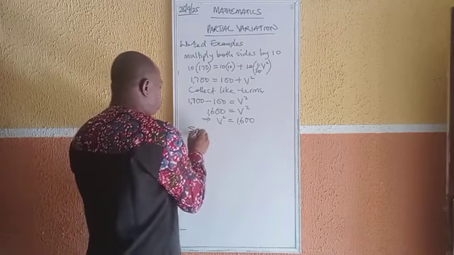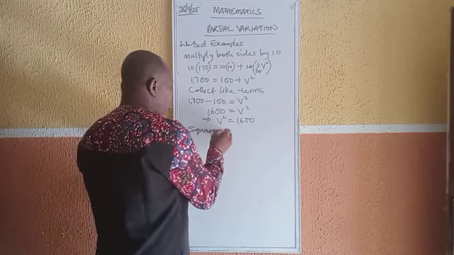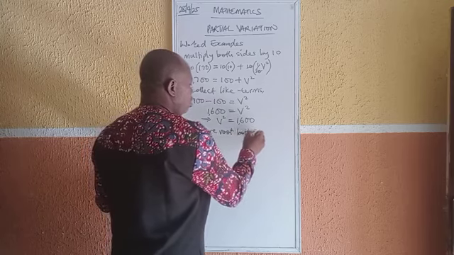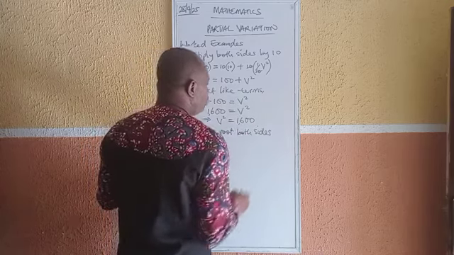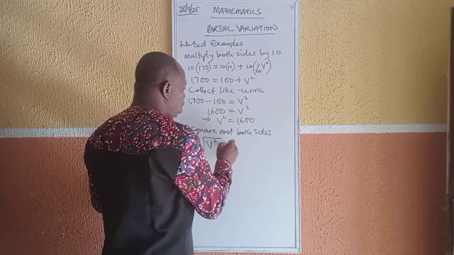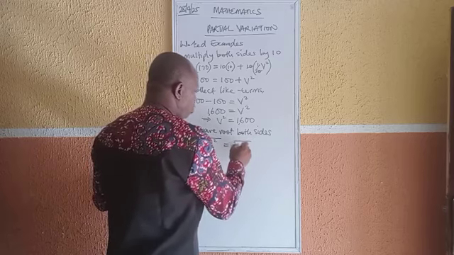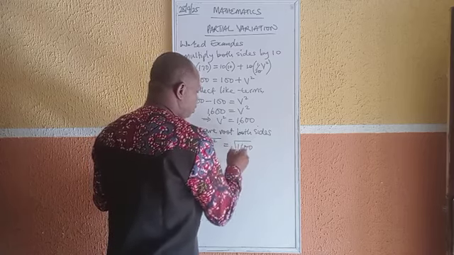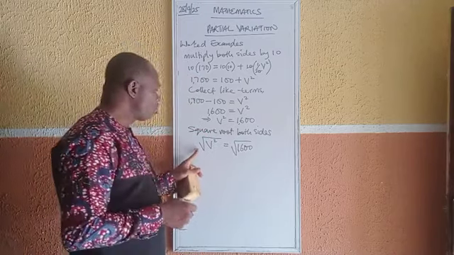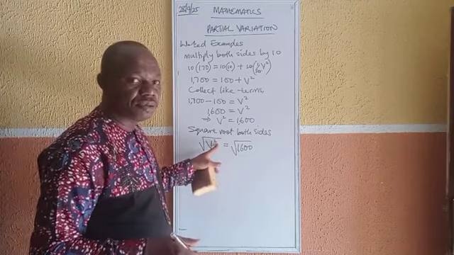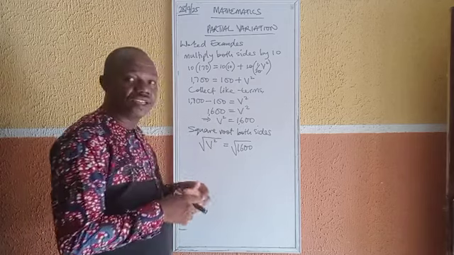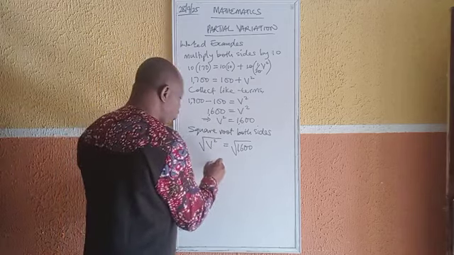We square root both sides, and it's going to be square root of V squared equals square root of 1600. When you square root a square, what happens? Yes, you are very correct. The square root will cancel the square, leaving us with what?